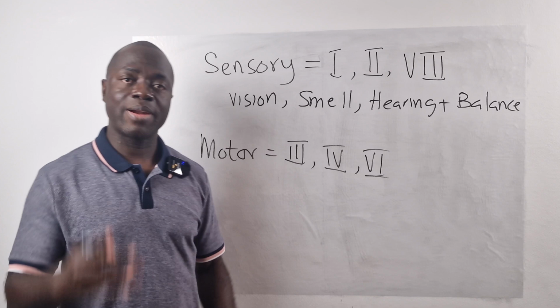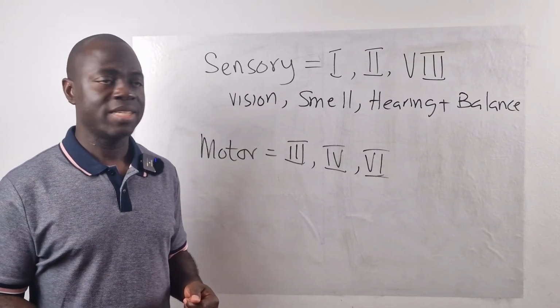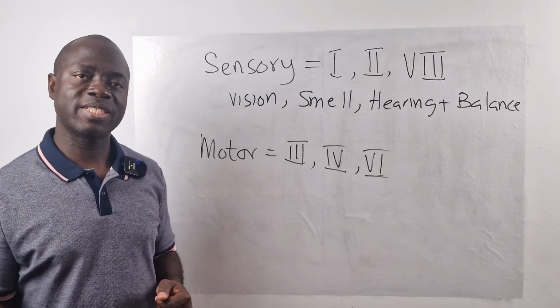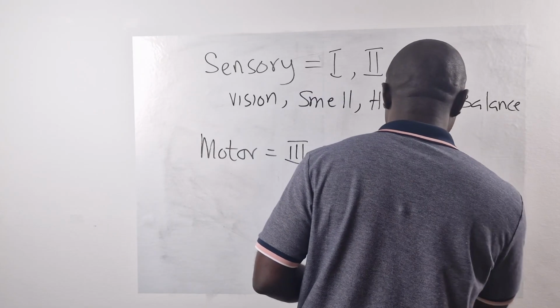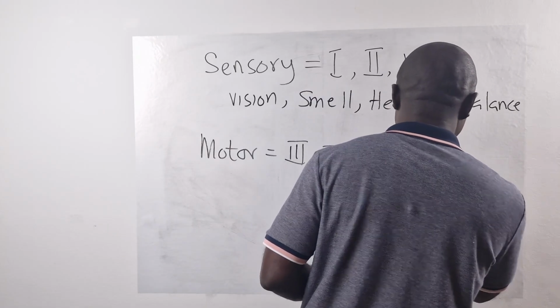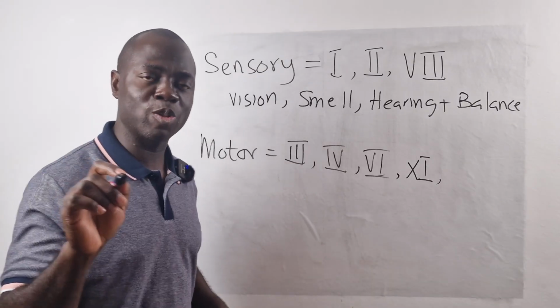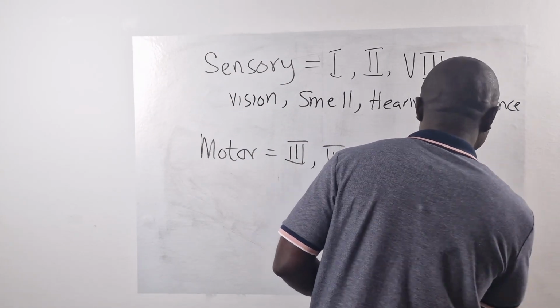Purely motor. There are 2 more purely motor, if you can remember. Do you remember movement of the neck and shrugging of the shoulders? Which nerve is that? Accessory nerve, okay? So cranial nerve 11. And then the last one, tongue movement, hypoglossal nerve, okay? That is the cranial nerve 12.